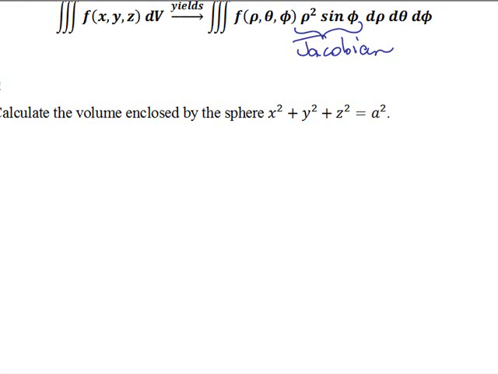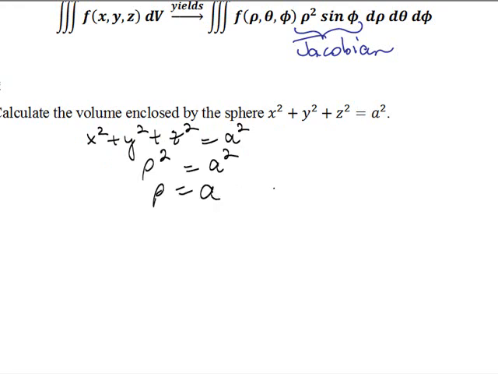So we need rho, theta, and phi. From x squared plus y squared plus z squared equals a squared, we need to do some substitutions. Based on the formulas, this is rho squared. So rho squared is a squared.